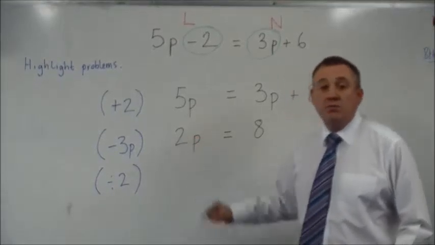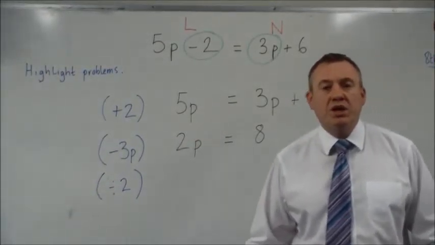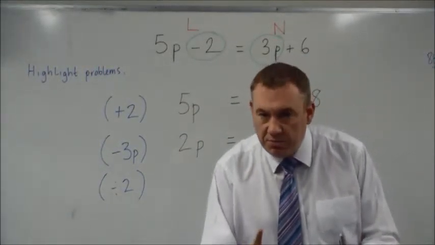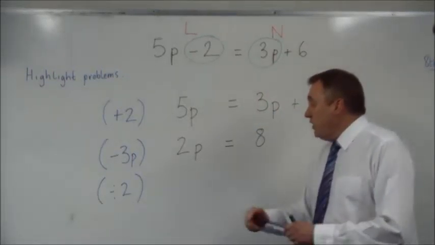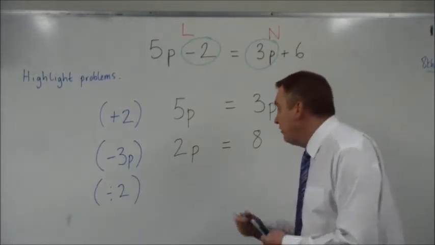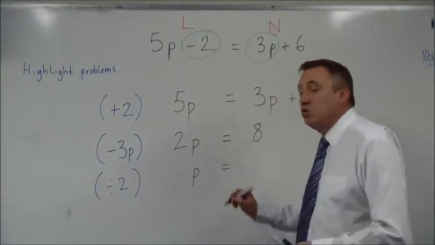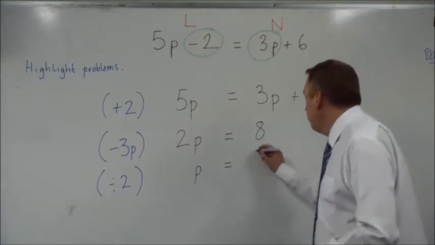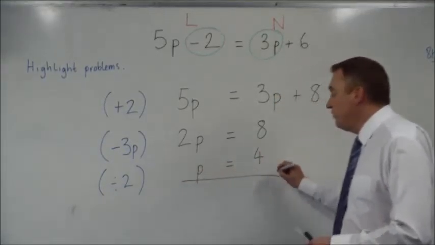I know there's not a little multiply there, we don't put it because we're lazy mathematicians, but it's there. We divide both sides by 2. 2p divided by 2 will leave me with p, and of course 8 divided by 2 will leave me with 4. And that is my final answer.